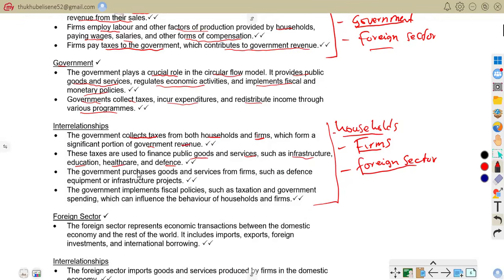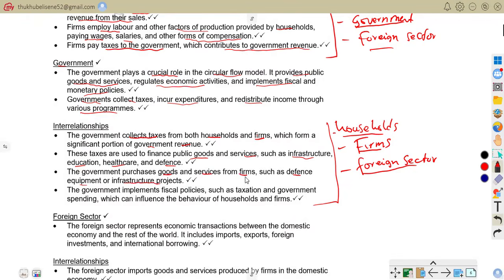So that is the importance of these taxes that it collects from households and firms. They are there to give benefits of improving infrastructure, improving our education, healthcare, and so on. The government purchases goods and services from firms, such as defense equipment and infrastructure projects. So they in return purchase from firms.